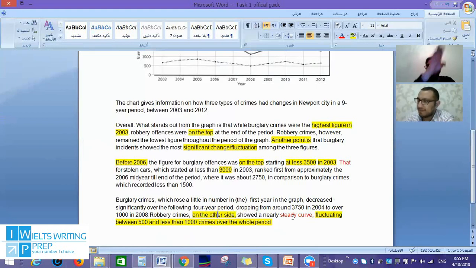I don't know, a curve is like going down like that. I don't really see much of a curve. I see it more as remaining steady throughout the period. So it's better to say the rate remains steady. I think it's better than just saying there was a steady curve. I don't think that's accurate reporting.